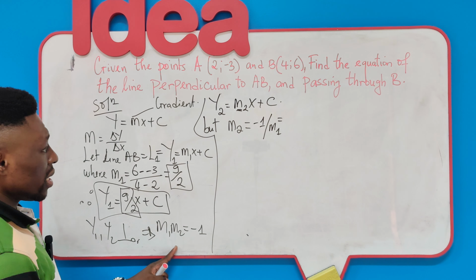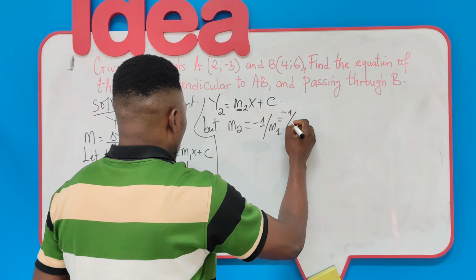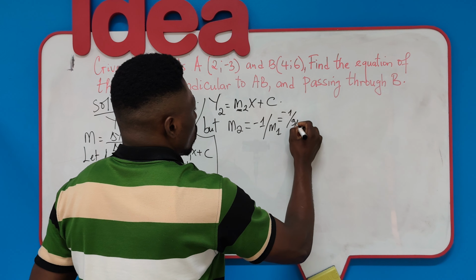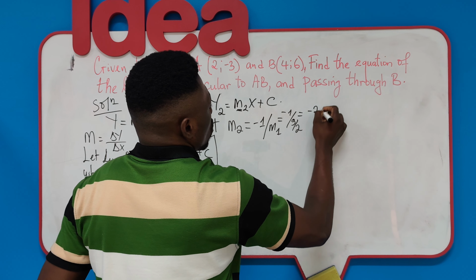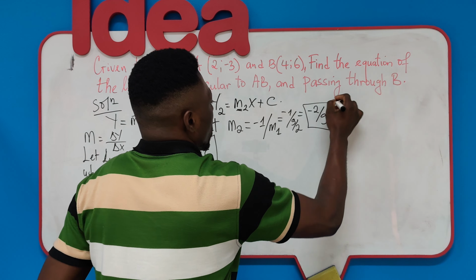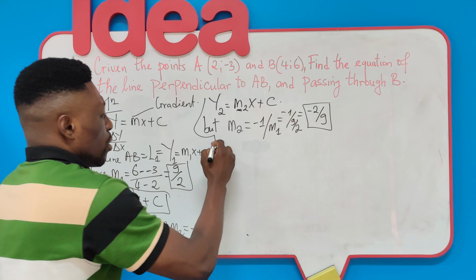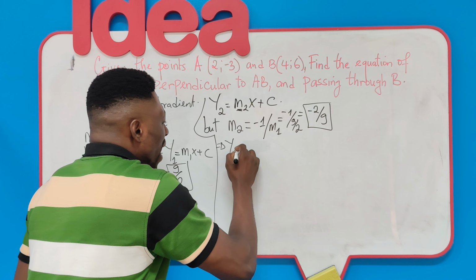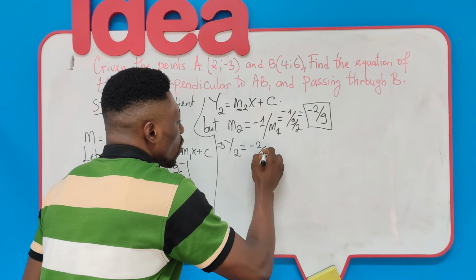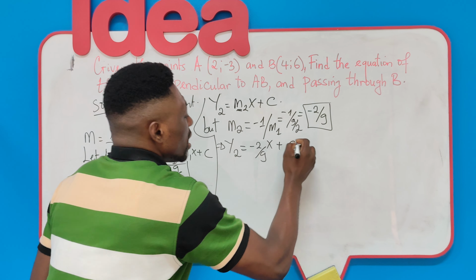And if you do this correctly, this is -1 divided by 9 over 2, which is nothing else but -2 on 9. All right. So now let us apply this here. This means y2 will be equal to -2 over 9x plus c.